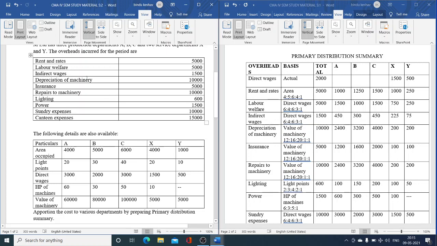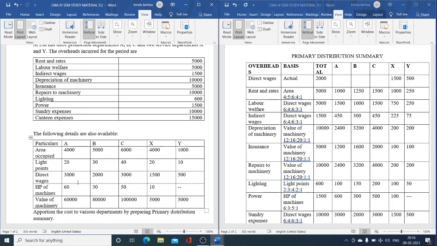The next one is labor welfare. Labor welfare is 5,000. Labor welfare will be divided among the various departments based on the direct wages. So for labor welfare, the basis of apportionment is direct wages. So we can see here direct wages are 3,000, 2,000, 3,000, 1,500 and 500. Now this can be simplified further.